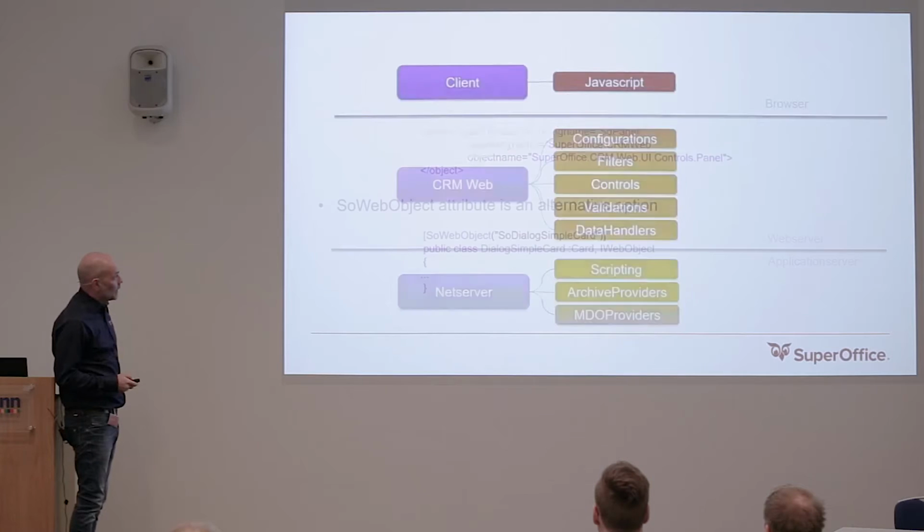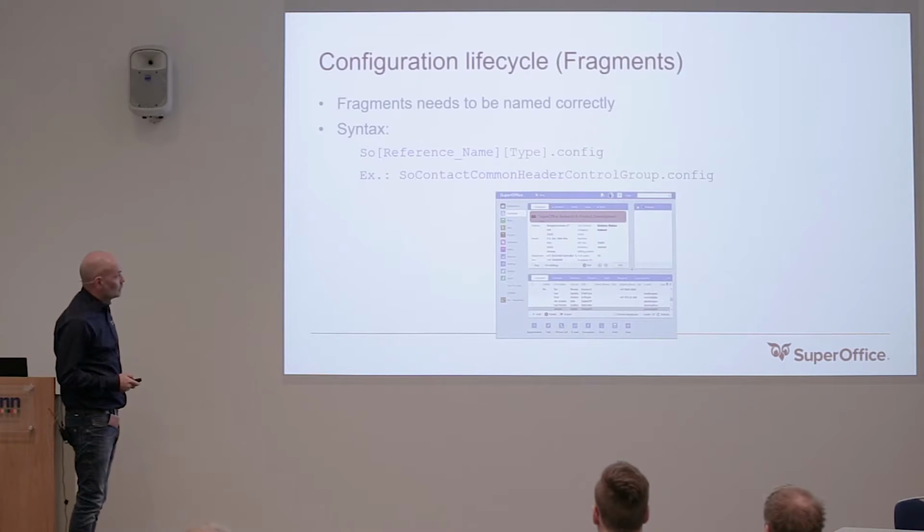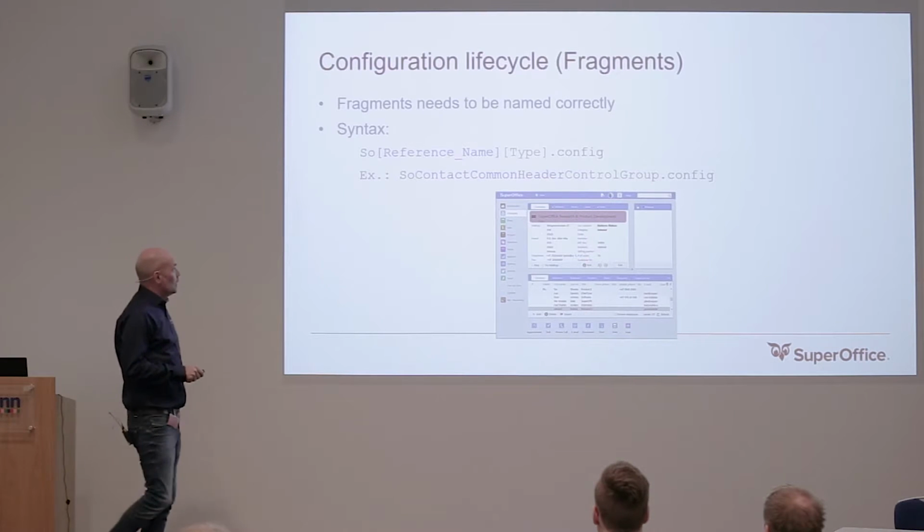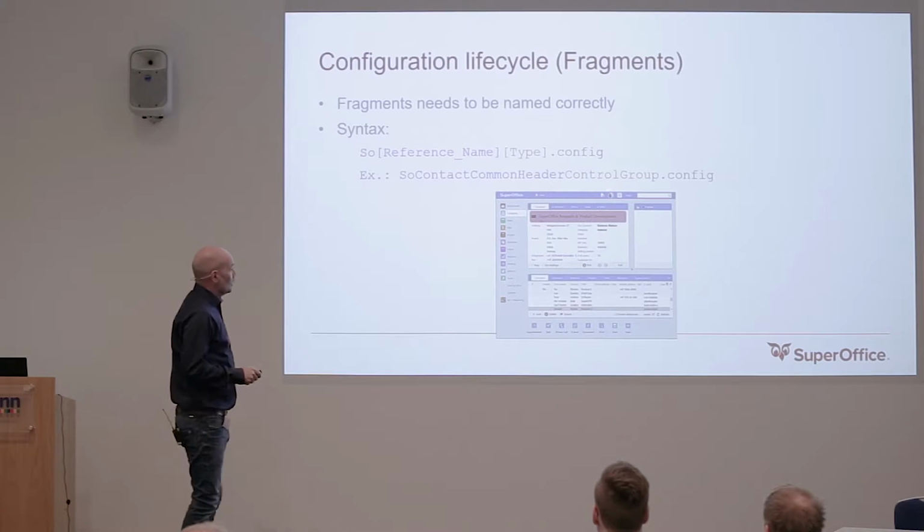I'm going to go a little back. I cannot show this. What actually happens when you are in a contact card and you click on edit or interest or more?